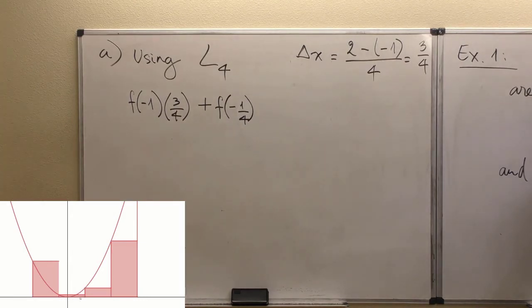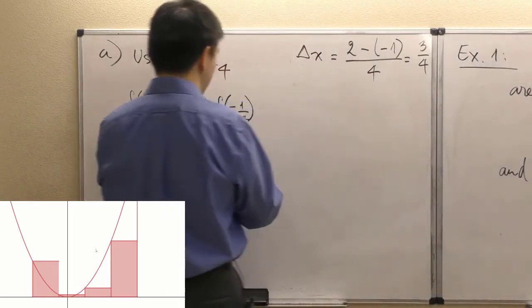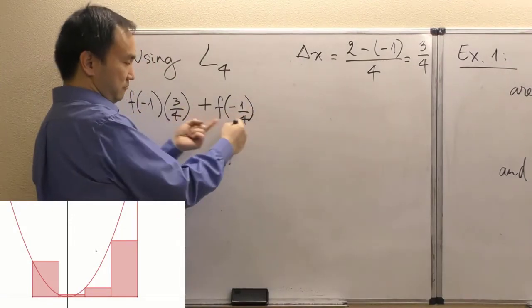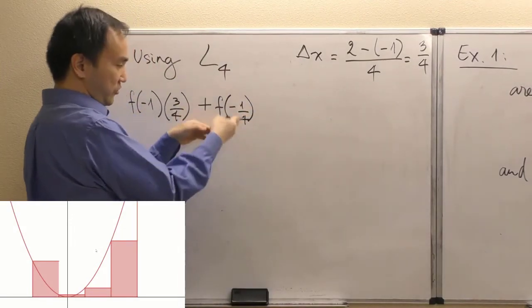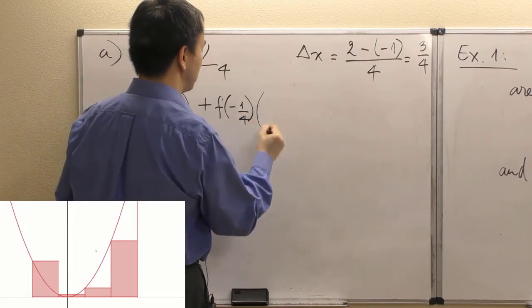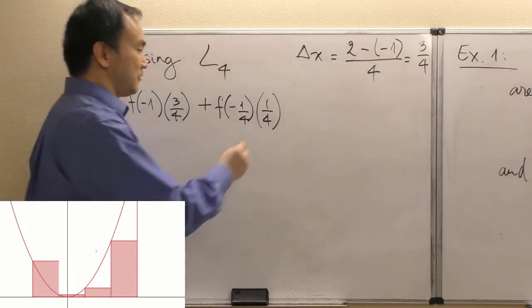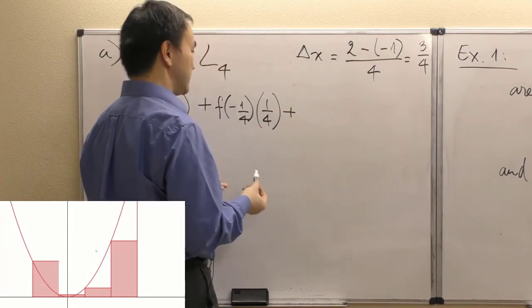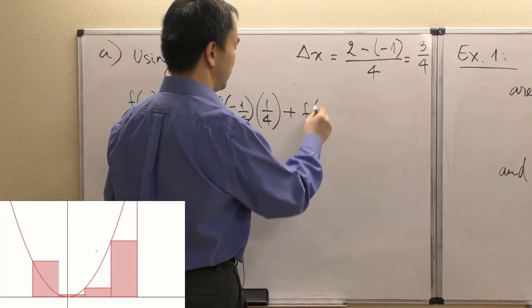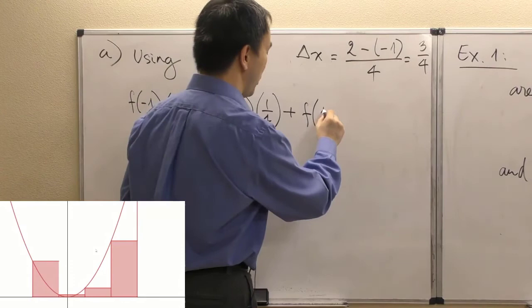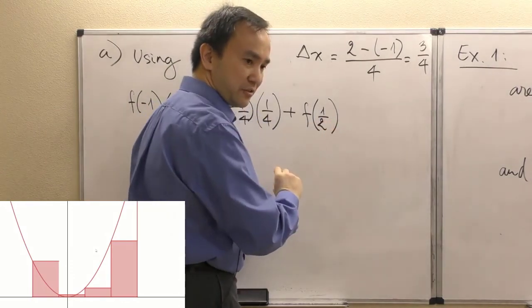That's the left endpoint of this second interval. To get the height of that rectangle, I substitute the left endpoint into the function, then multiply with the width, 1/4. For the third rectangle, I get the height again using the left endpoint, this time 1/2 in my picture.